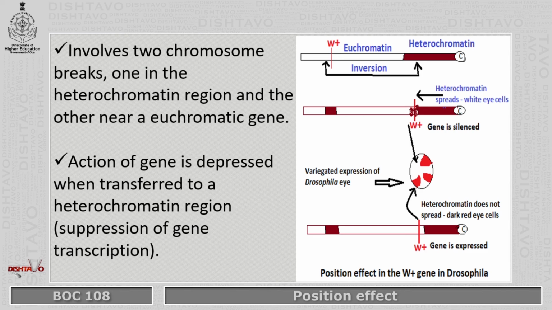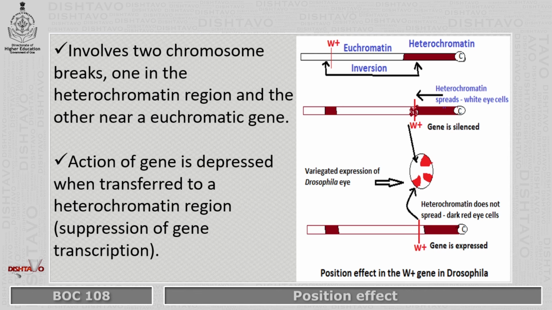X-ray treatment caused the X chromosome in some of the flies to break in two places. The middle piece got inverted and the chromosome ends were rejoined. One of the chromosomal breaks occurred in the heterochromatin surrounding the centromere, and the other break occurred in the euchromatic region near the white eye gene.